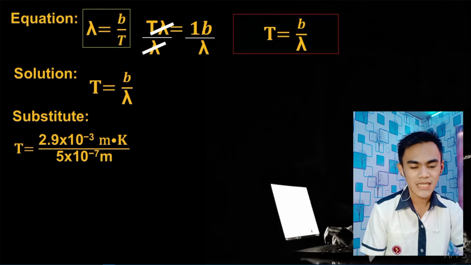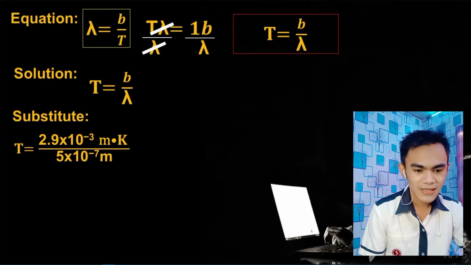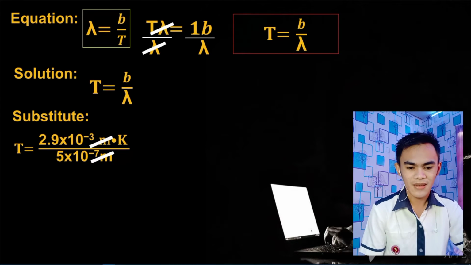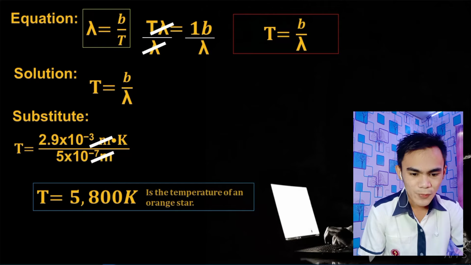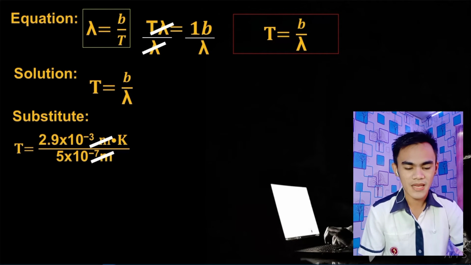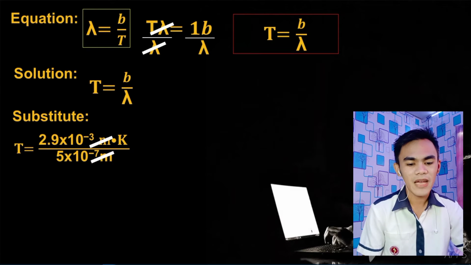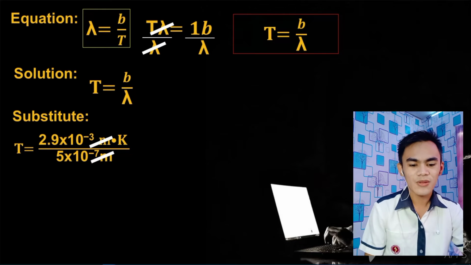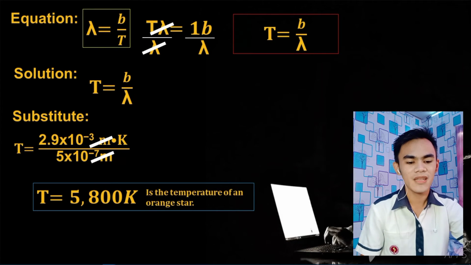That is already converted into meters, so the same units cancel out. We have 2.9 times 10 raised to the power of negative 3 divided by 5 times 10 raised to the power of negative 7, and that is equal to 5,800 Kelvin, which is the temperature of the star.